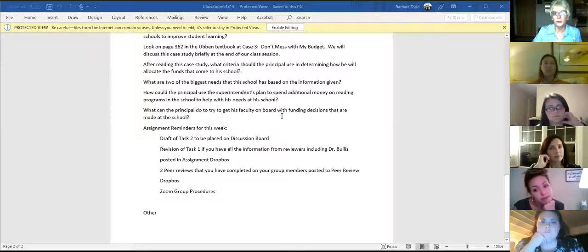So you have your draft of task 2 that you're working on. If you've been able to finish your revisions of task 1, then you place that in the assignment Dropbox for that task. If you've not got all your revisions, hold off until you get them. You do have 2 peer reviews that you have completed on your group members that are posted to the peer review Dropbox.